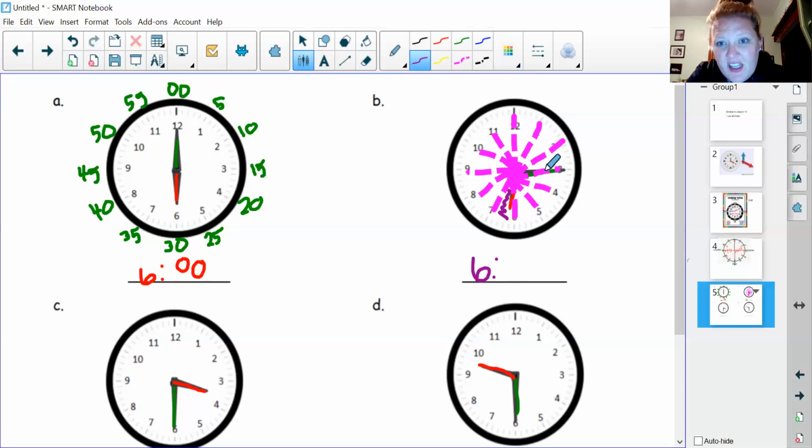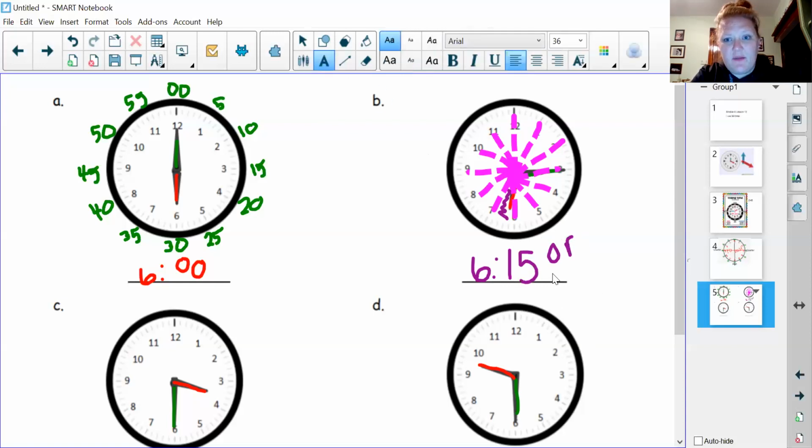And our minute hand, you can see the green right here is pointing at the 3. So if we go back to our clock where we have the numbers written out, if it's pointing at my 3, what's the minutes? 15. So we say this time as 6:15, or we can say it this way, listen.